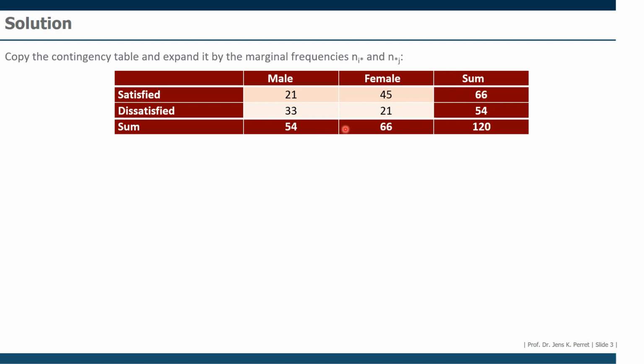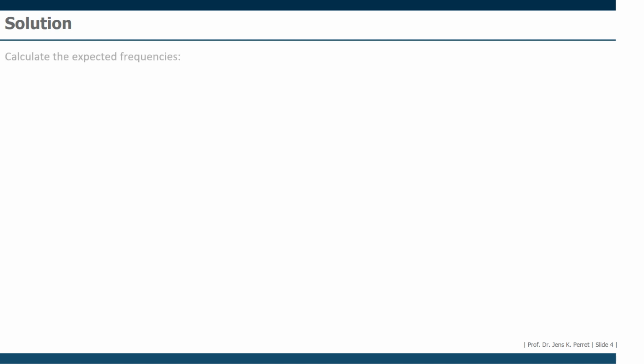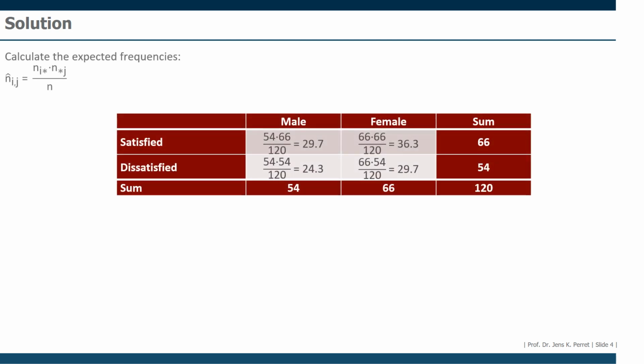Using these marginal frequencies, I can then calculate the so-called expected frequencies. Those are the frequencies I can expect if the distribution of values of participants, people, guests, and so forth would be evenly distributed following only those marginal frequencies. For this, I'm going to use the same table as before, but I'm going to replace the values in here with this formula.